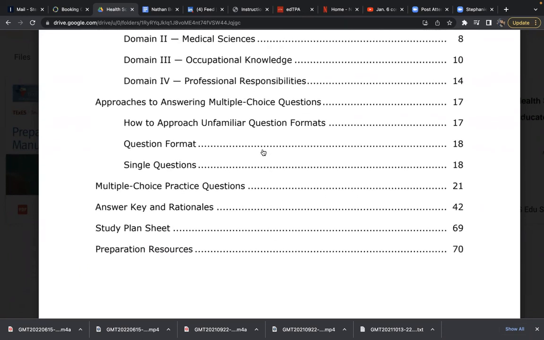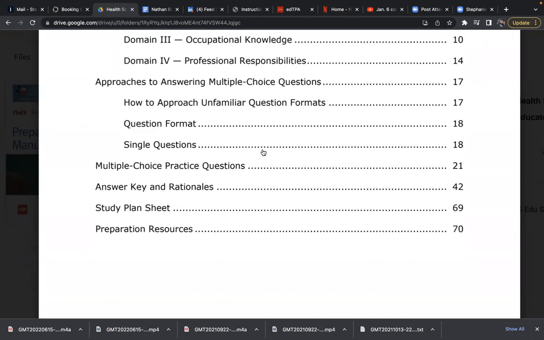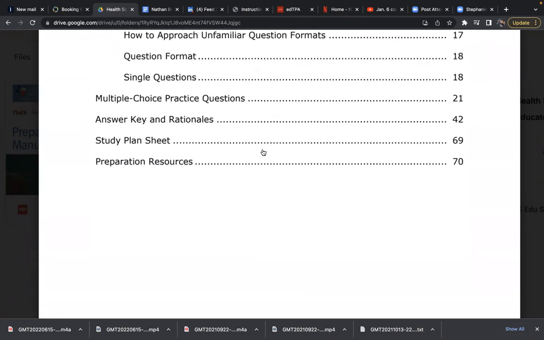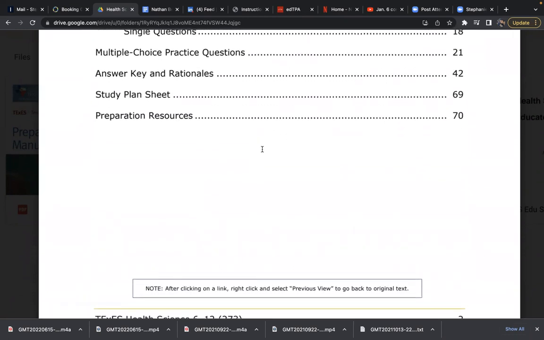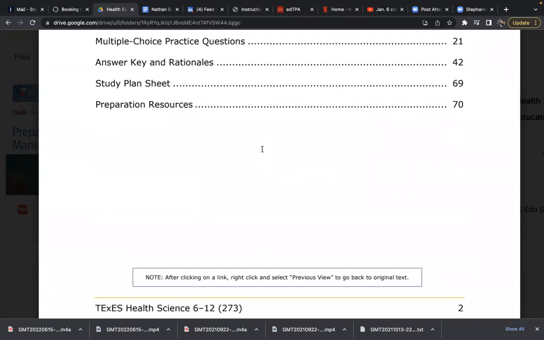Because often they don't just give you one appropriate response. They will give you more than one appropriate response. However, one is more appropriate than the other based on those particulars, those details that they gave you within the scenario.